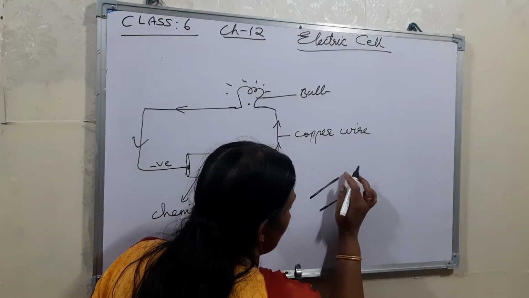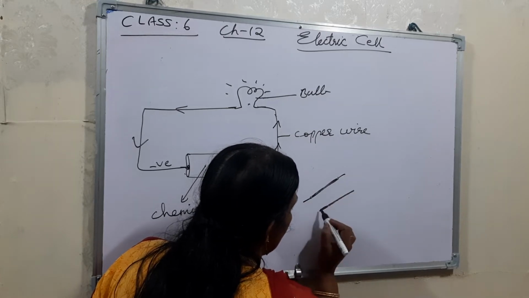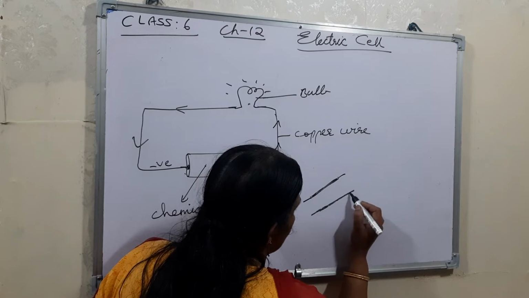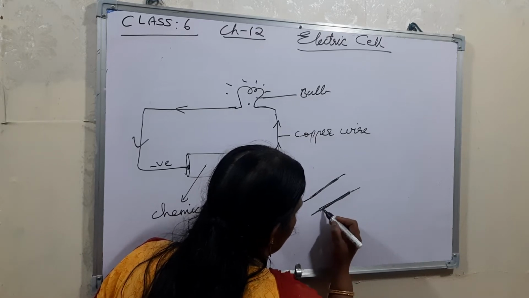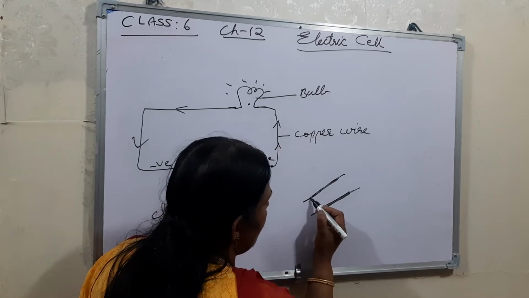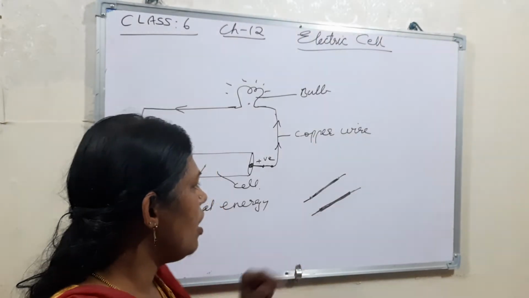If you peel the rubber, you can see the copper wire at the two edges.